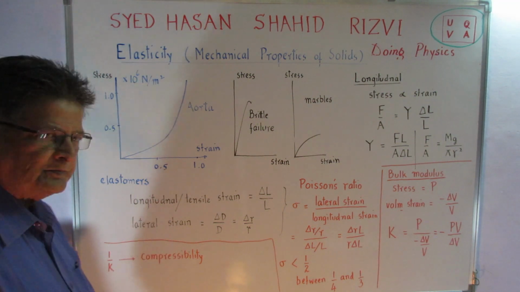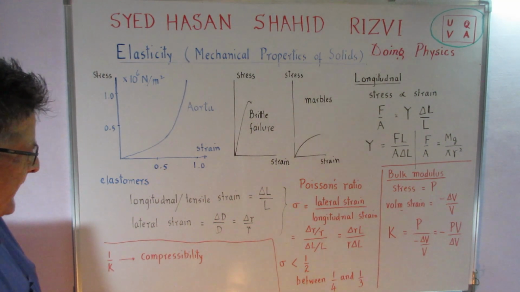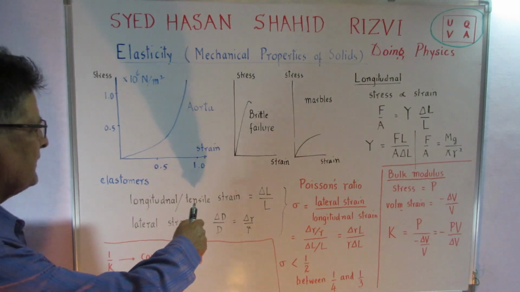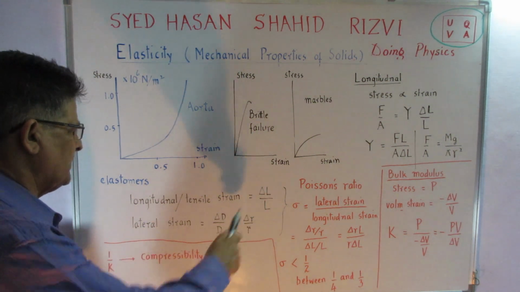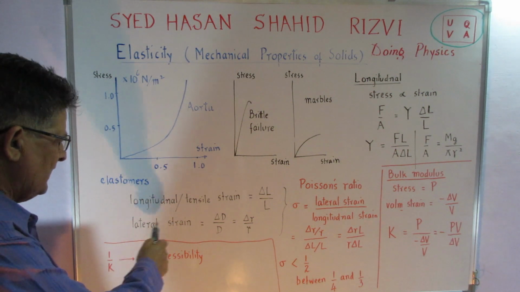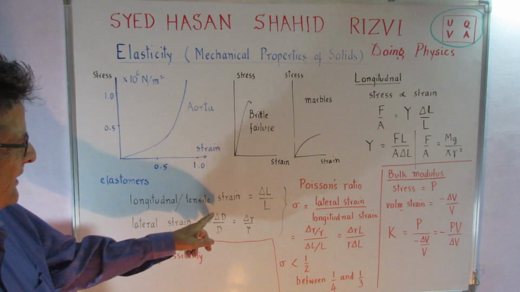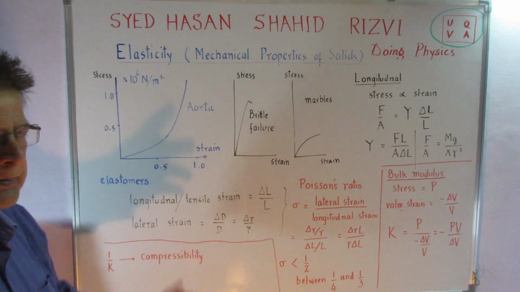lateral strain. The longitudinal or tensile strain is delta L upon L, but the lateral strain is delta D upon D, where D is the diameter.